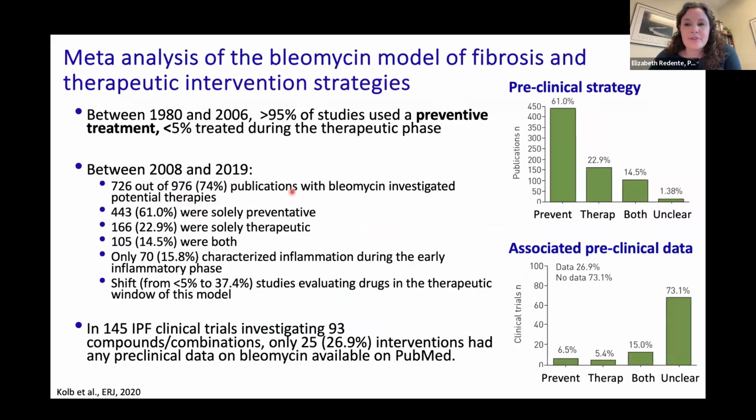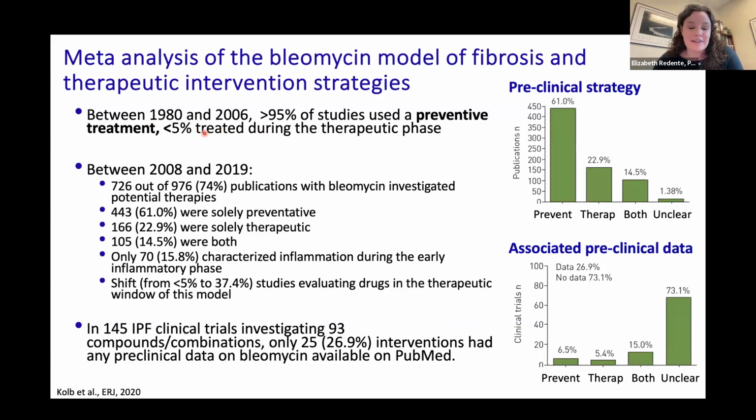This was really captured very nicely by a recent paper by Martin Kolb in the ERJ in 2020. He conducted a meta-analysis of the bleomycin model of fibrosis and therapeutic intervention strategies. And what he found was that between 1980 and 2006, more than 95% of therapeutic studies used a preventative treatment strategy, meaning they treated with their compound prior to animals receiving bleomycin.